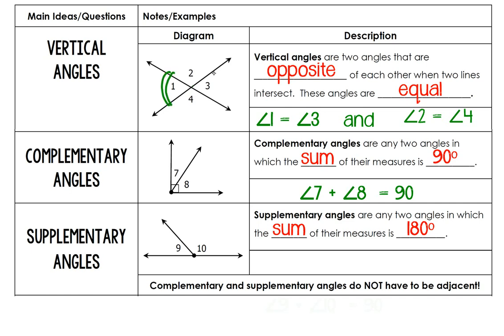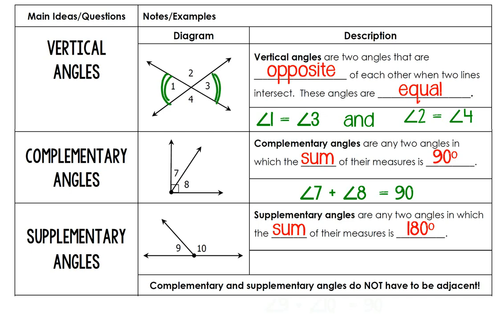Angle 1 and 3 are also opposite of each other, so they are also vertical angles. But notice the difference in the size of my marks. Do you see how long my red curves are? That's because 2 and 4 are obtuse, and 1 and 3 are acute, right? So 1 and 3 are equal to each other.